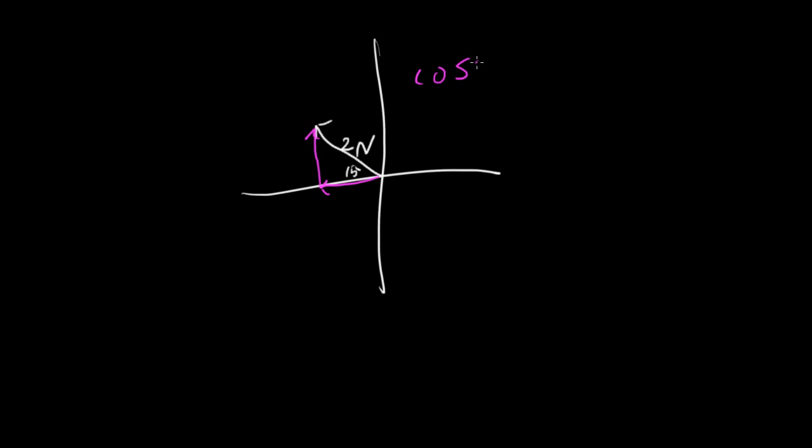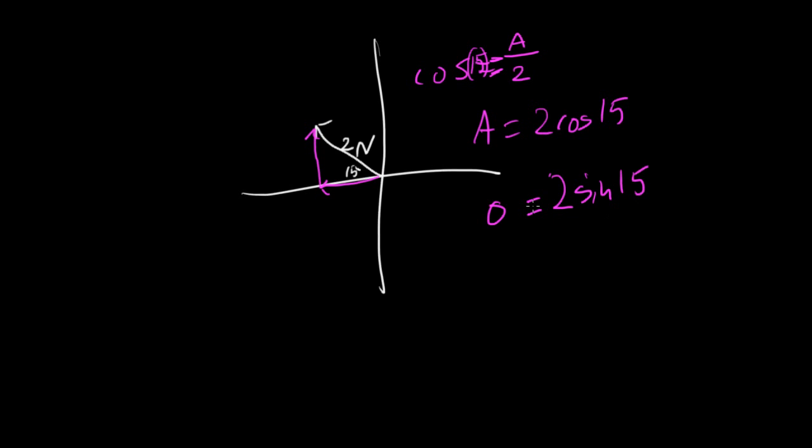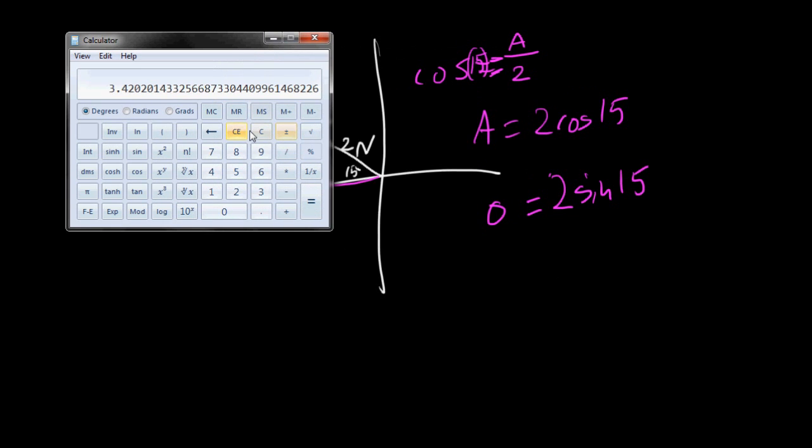Cosine of 15 equals adjacent over hypotenuse. I left out the 15, but you get the idea. So adjacent is 2 cosine of 15, and hopefully by now we're comfortable that opposite is 2 sine of 15 without working all of that out. So let's figure those real quick.